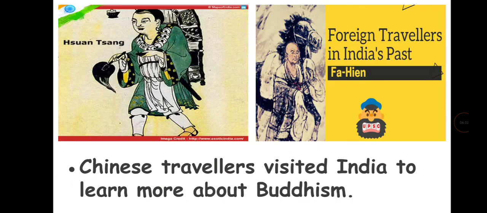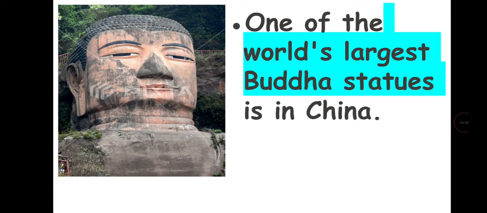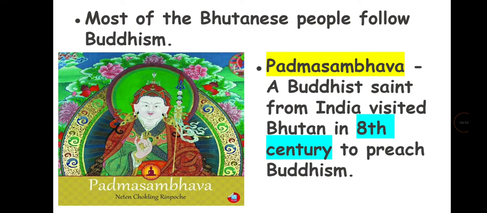China. Centuries ago, two travelers from China, Fa-Hien and Hiuen Tsang, visited India to learn more about Buddhism. And one of the world's largest Buddha statues is in China. Next, Bhutan. Most of the Bhutanese people follow Buddhism.